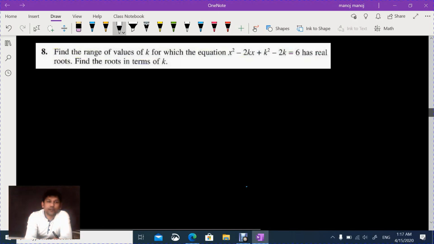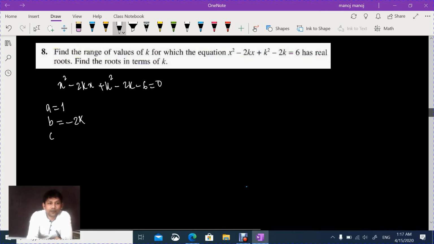Question number 8: find the range of the values of k for which the equation has real roots. In this situation, when you write the general form of the quadratic equation, x square minus 2kx plus k square minus 2k minus 6 equals 0. The value of a is 1, b is minus 2k, and the whole value without x is c: k square minus 2k minus 6.